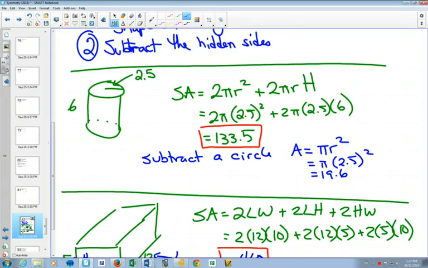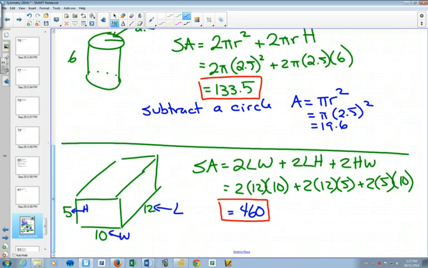Yeah, make sure you square that 2.5. Well, 2.5 times 2.5, that's not 5. 2.5 times 2 is 5. Okay? 2.5 times 2.5 is 6.25. And then you go from there and times that by 3.14, and it will be just a little bit more than 19.